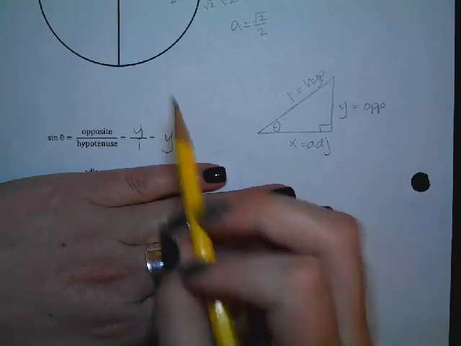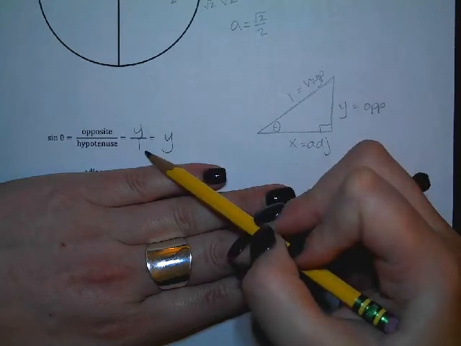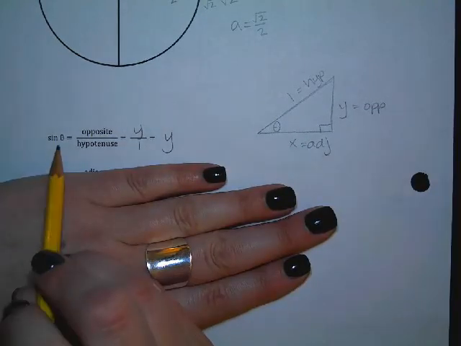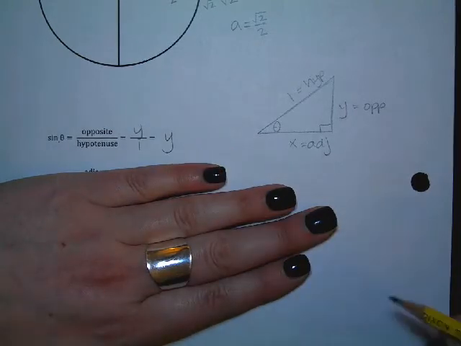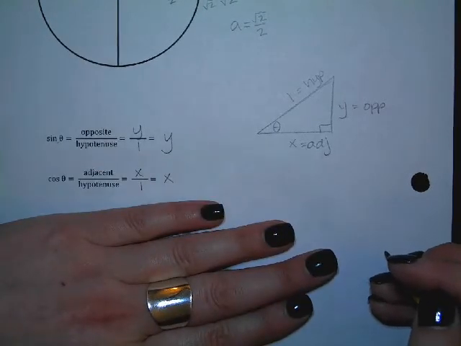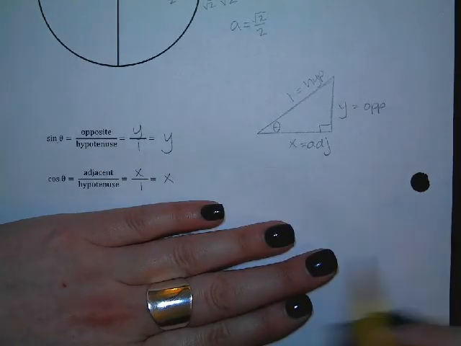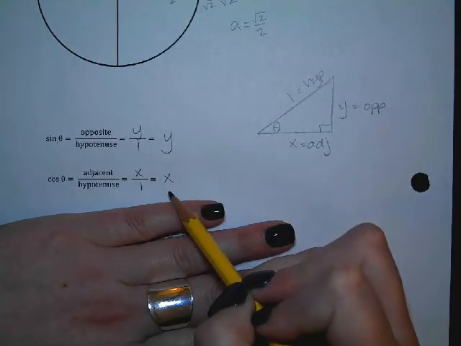Okay. So opposite over hypotenuse, right? Y over 1. That means that sine of an angle is just the y coordinate. That's what that means, okay? Cos is adjacent over hypotenuse, which is x over 1. That means that cos is just the x coordinate.